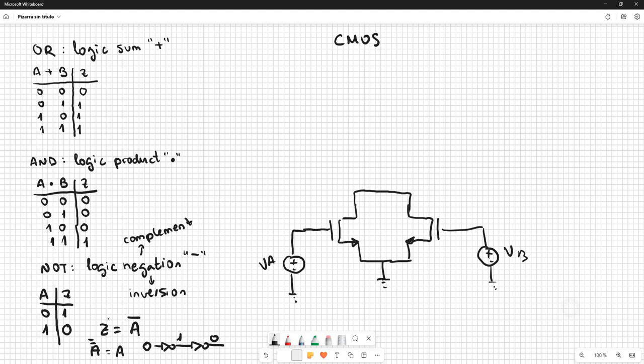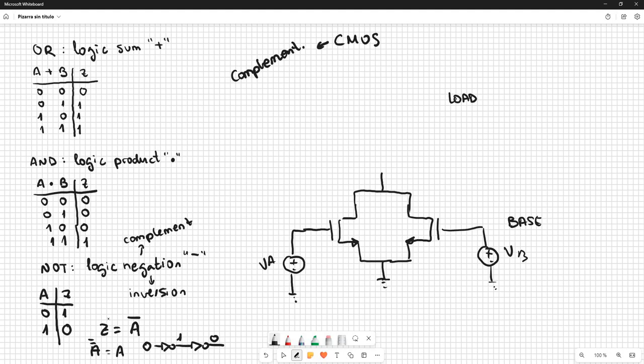Now we have to build the load part. This is the base, and this is the load part. Note the following. CMOS, the letter C, comes from complementary. So we have to do in the load part the complementary of this base part.